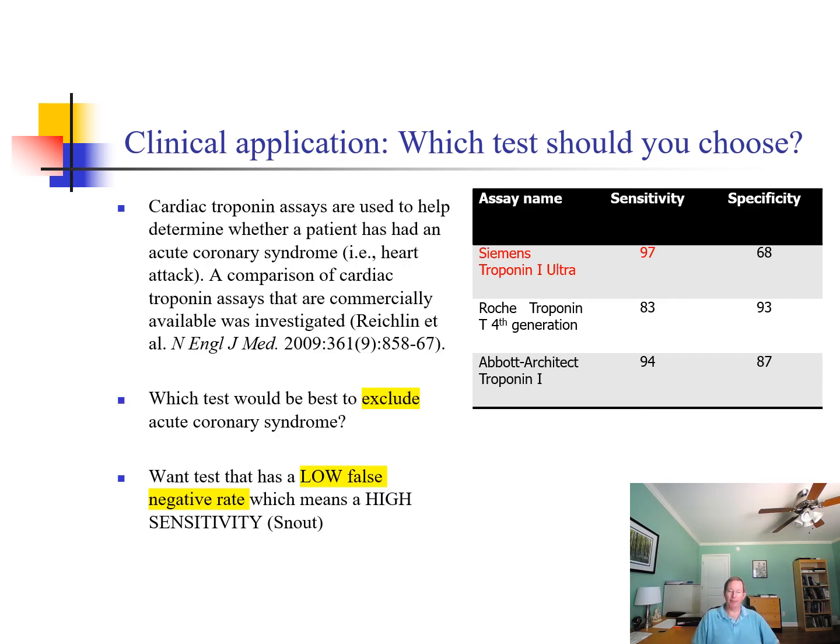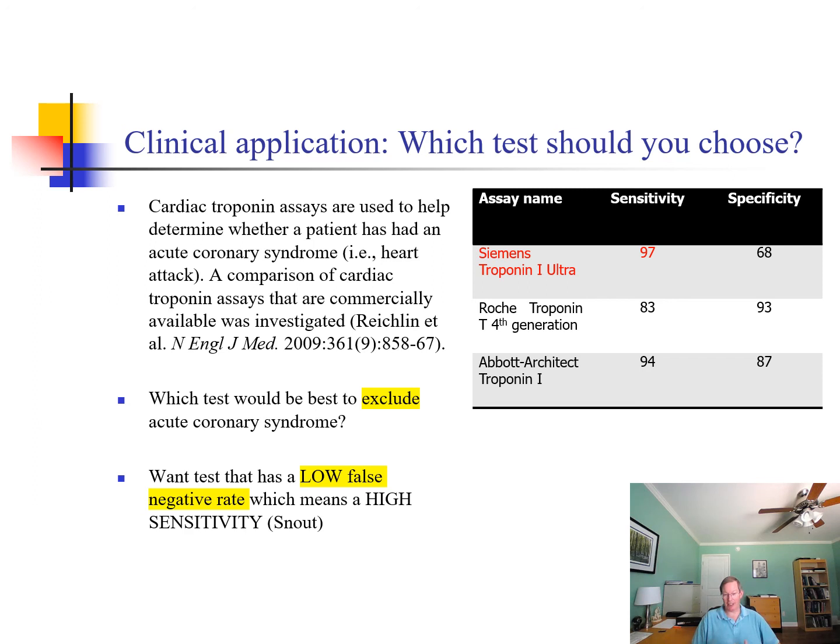Well, that's right. The Siemens test in this case. So the Siemens test has a very high sensitivity. And remember that if you have a high sensitivity, you have a very low false negative rate. And that means that you can use it to exclude, which is what I have in parentheses as SNOUT.